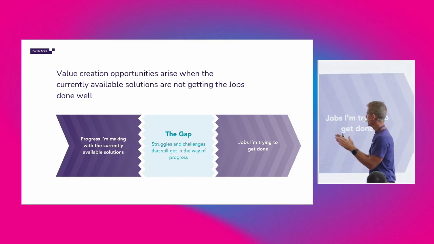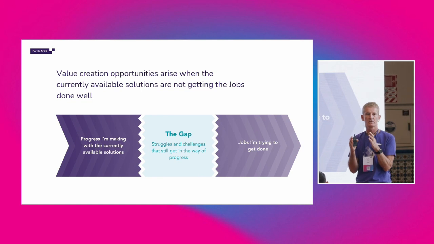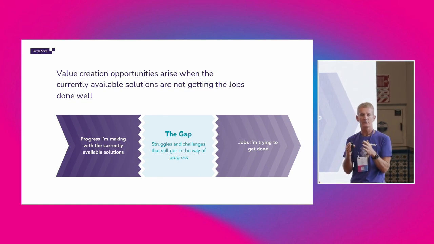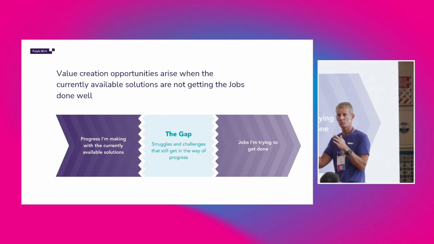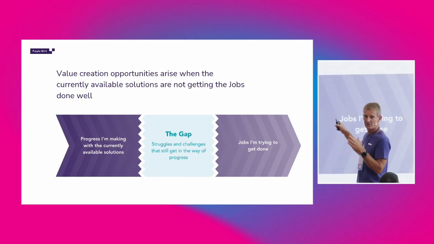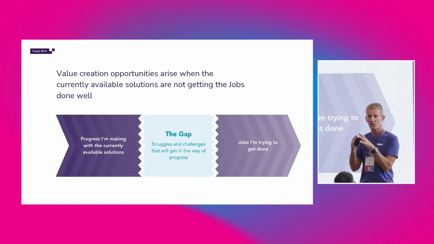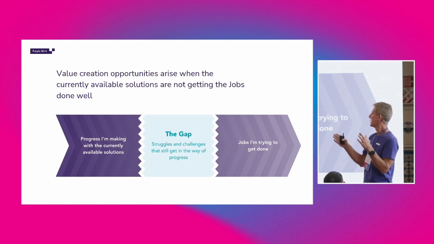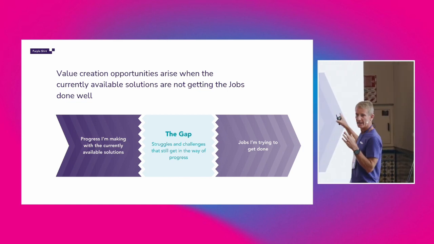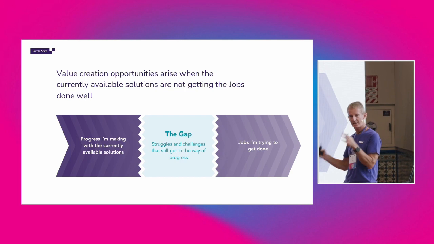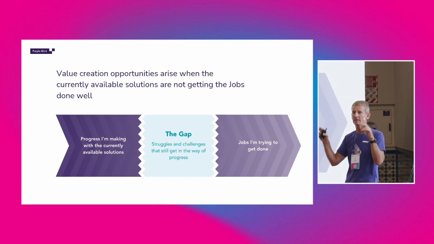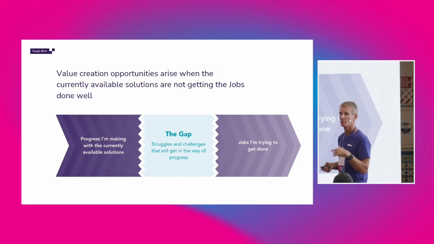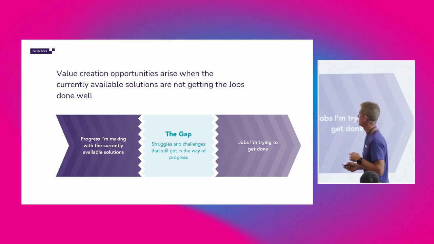That's that bit in the middle. It's the struggles and challenges that get in the way of progress, progress to do what they're trying to do. And that's your opportunity to go and build something new and help them get their jobs done better. That's your dimensions of better that you need to focus your product or service development effort around.